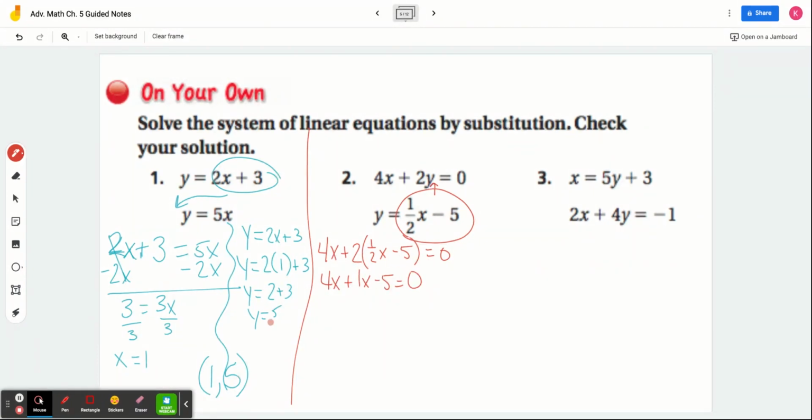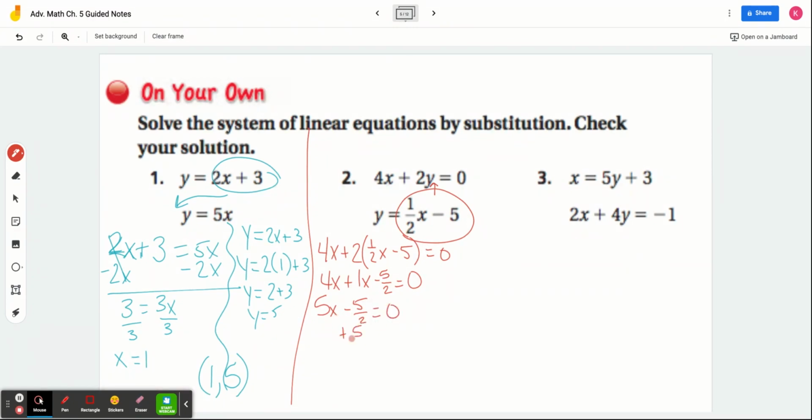And 2 times negative 5 is negative 2.5, or negative 5/2. And we're going to leave it like this simply for graphing purposes here. So 4x plus 1x is 5x minus 5 over 2 equals 0.